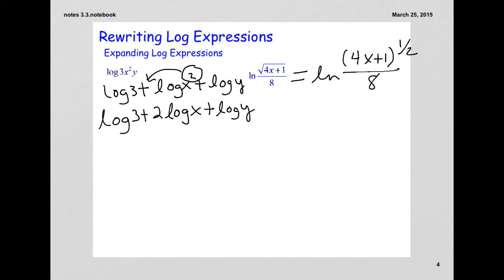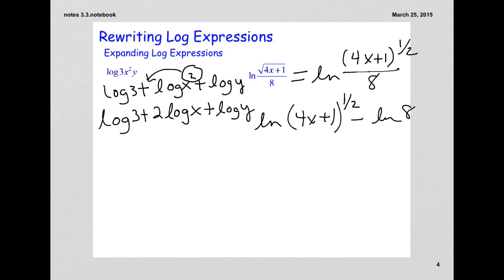Now I separate this one out just like I did the previous one, and a binomial stays together. So that's going to be ln of 4x plus 1 to the 1/2 power. Now since it's division, according to my properties, I use minus ln 8.